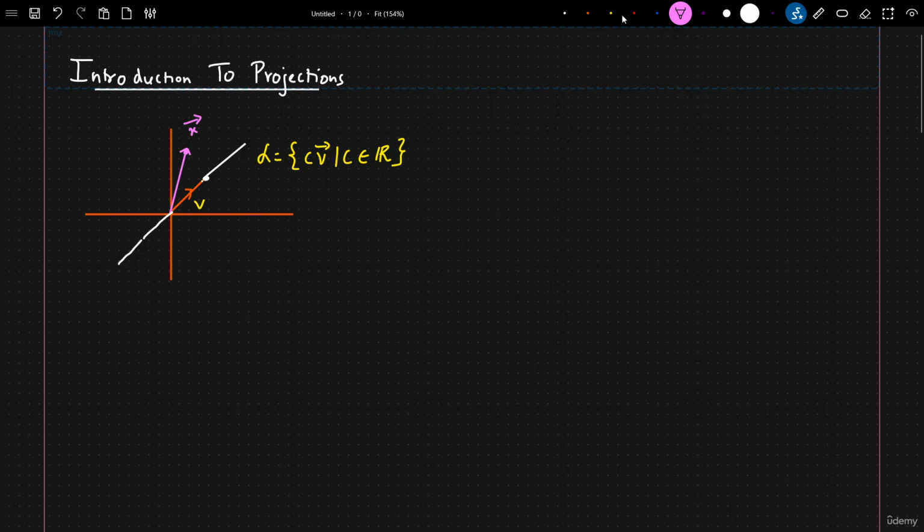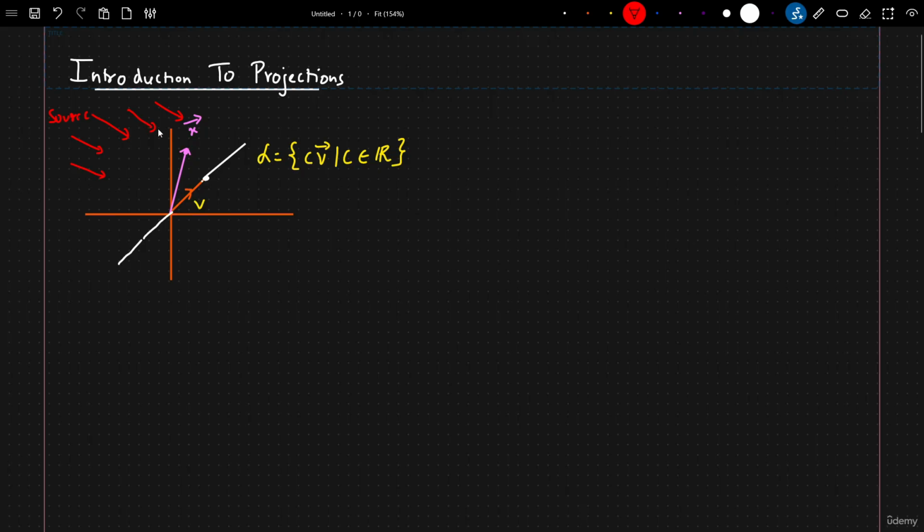Now let's consider this particular vector, and this specific line, a kind of straight line. Consider a kind of sunlight or sun rays, a source of light over here, and it is projecting on this specific point.